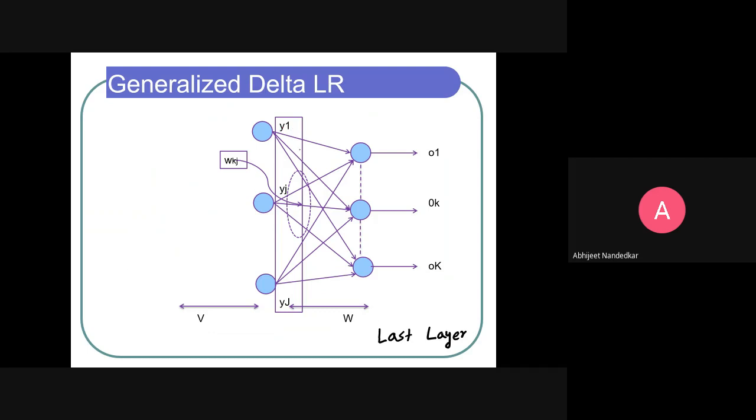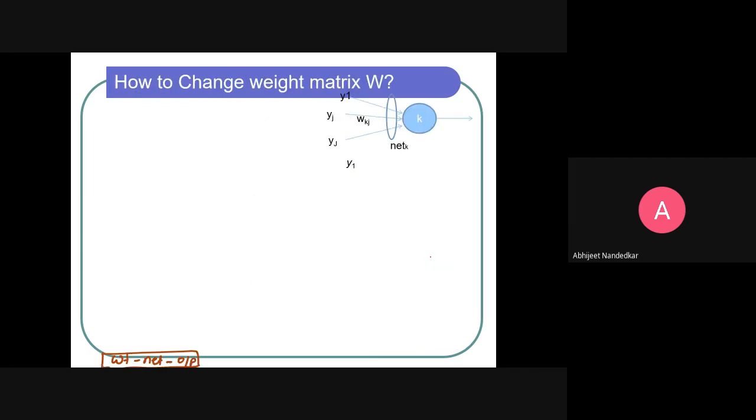Now if I consider the last layer, the structure is like this. These are the hidden nodes, and the output of these is connected to all the neurons on the output side. So there are O1 to O capital K neurons on the output side. Now how to change weights for the last layer?